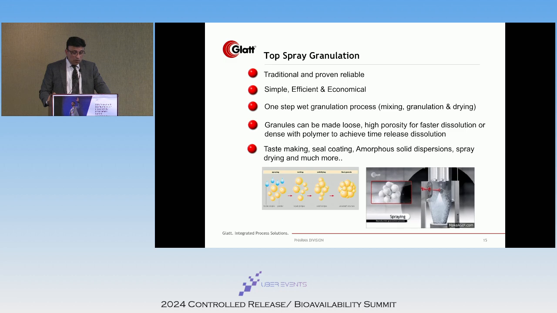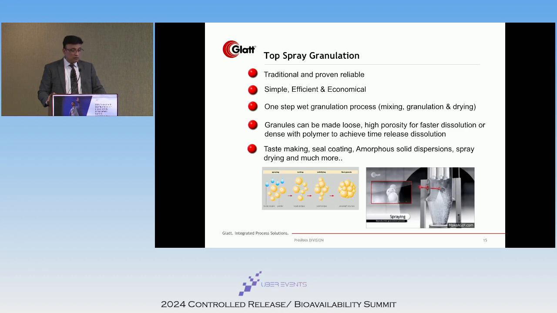Now, amorphous solid dispersion can also be made using this technology. You will have a substrate that goes in there, and then you make your API plus polymer separately and spray it onto it.